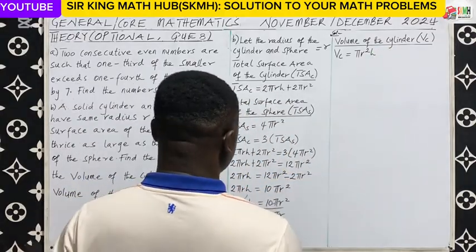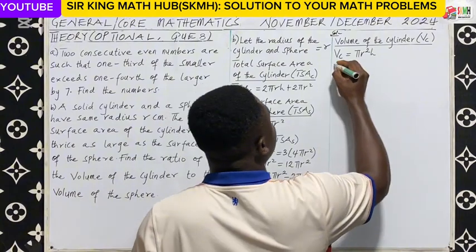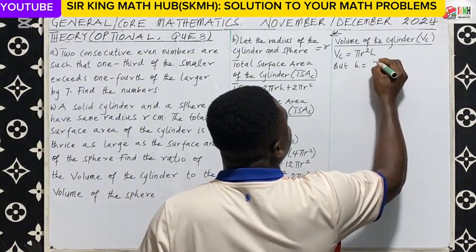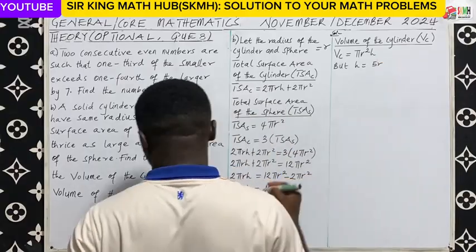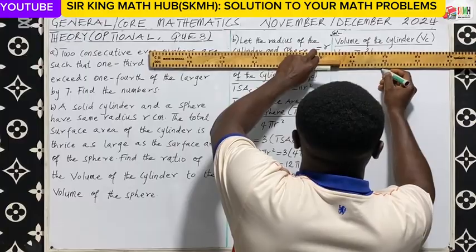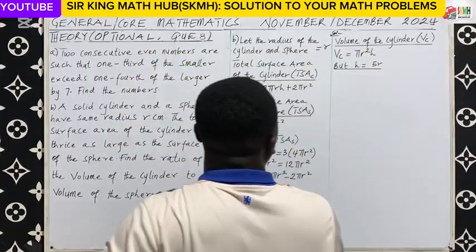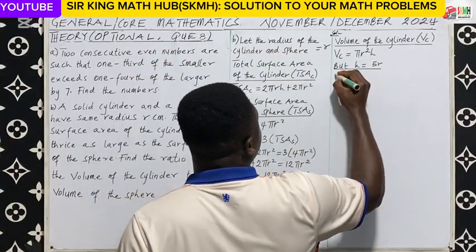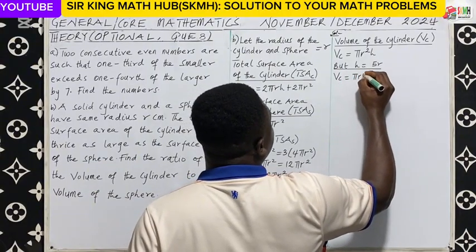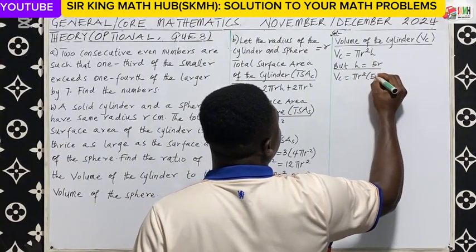But what is h in terms of r? We know that h is equal to 5 times the radius of the cylinder. So when you do the substitution, we are having pi r squared multiplied by 5r.